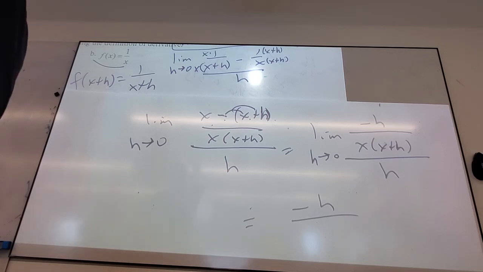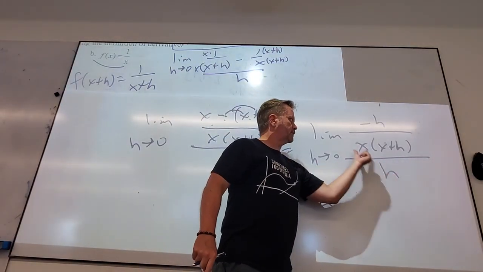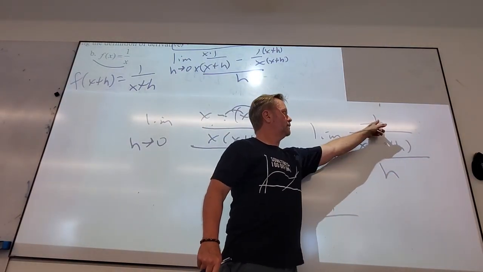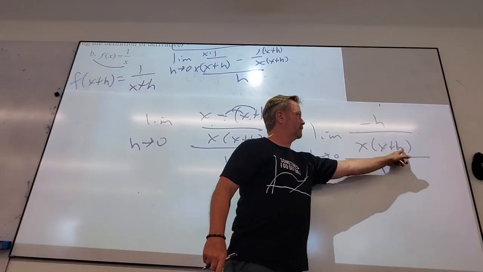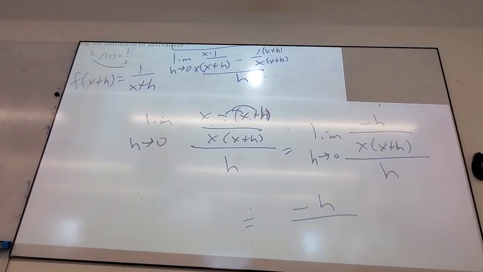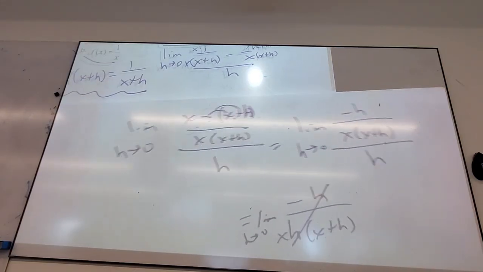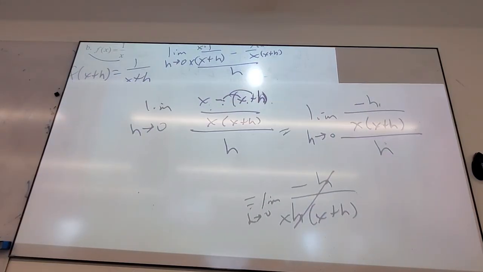If I have a fraction divided by something, I could just put this there. Because this is not just being divided by this, it's also being divided by this. So at that level, I could just put the h in the mix here. And then these h's. Now they cancel because now division cancels the multiplication.